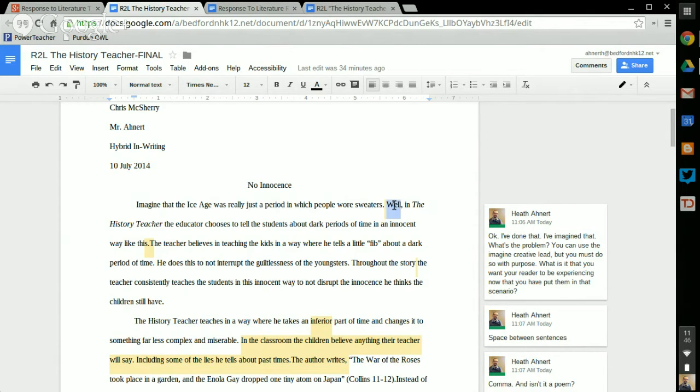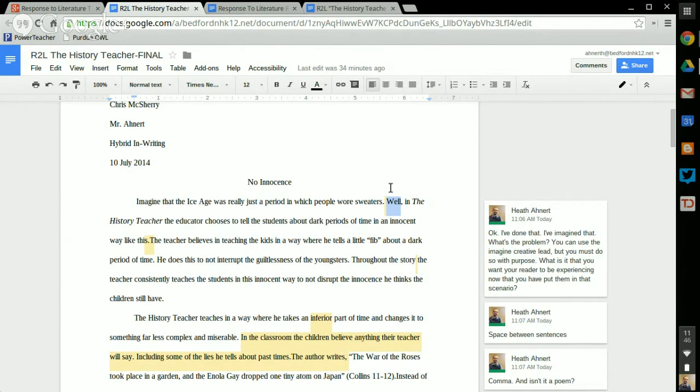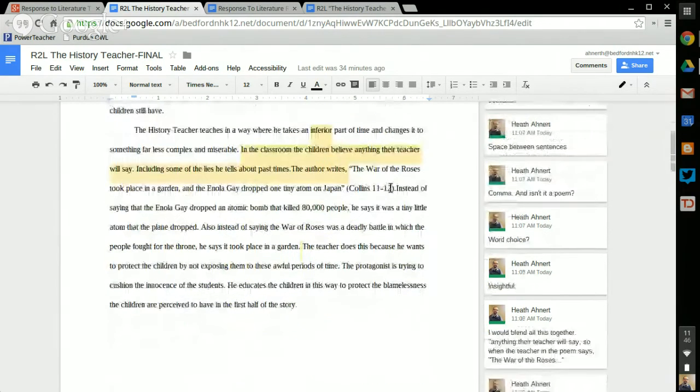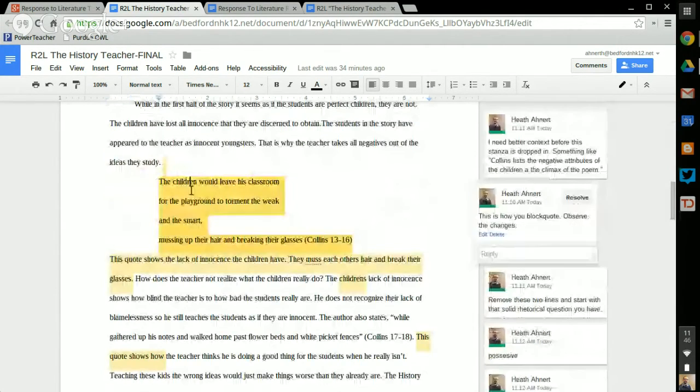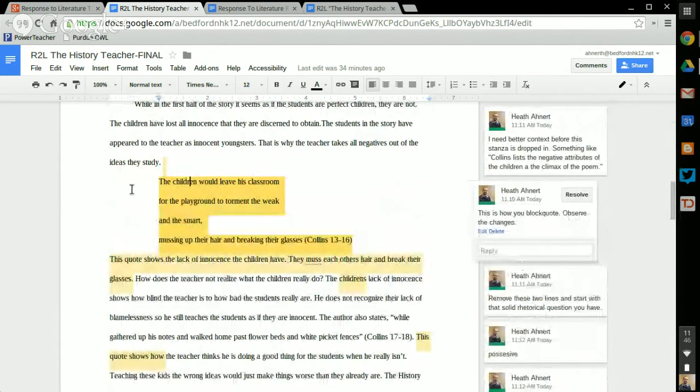All right, and I think we should start taking out this "well." A lot of people are answering their own question with "well." It's just a little bit too informal. Okay, Chris's paper is also a good example of someone who used block quoting, and he did a good job. I just want to show some things about block quoting that we all can be aware of.